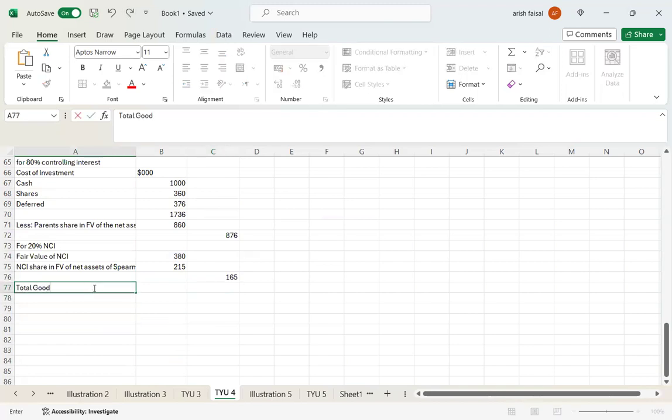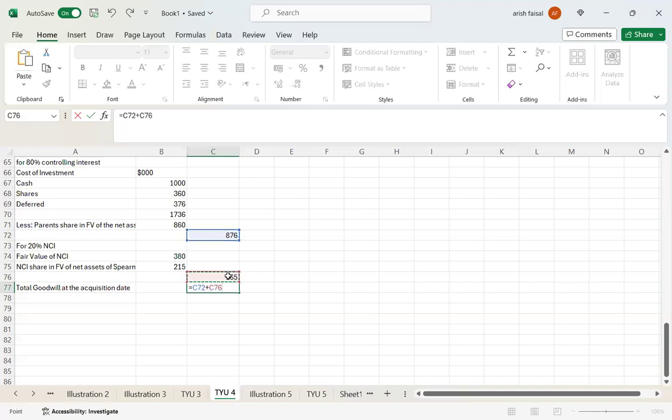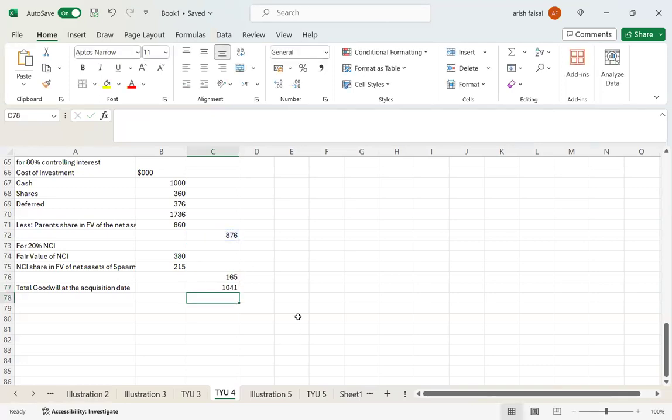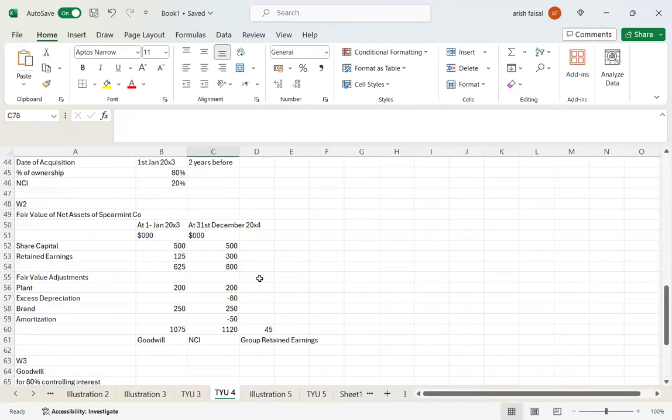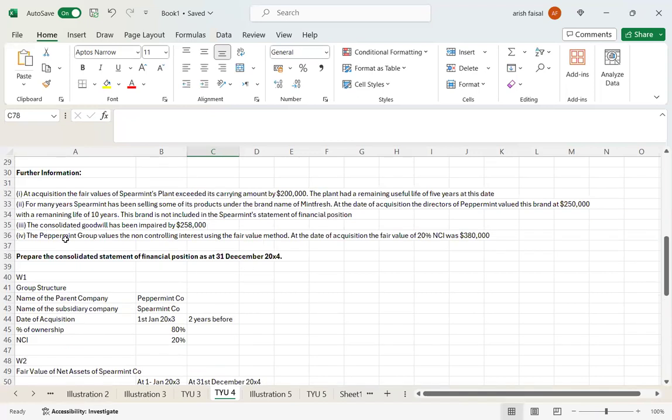So the total goodwill at the acquisition date will be a total of 876 and 165. Now, so that's a total of 1041. But now, as you can see, the goodwill has been impaired by a certain amount, which is by 258,000.